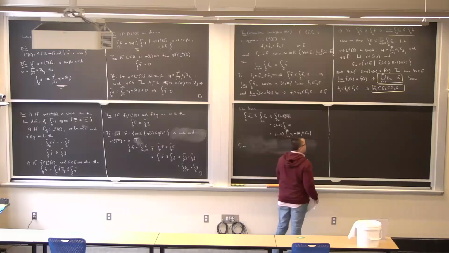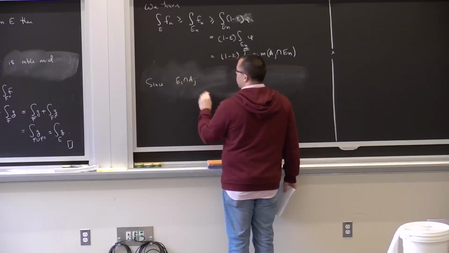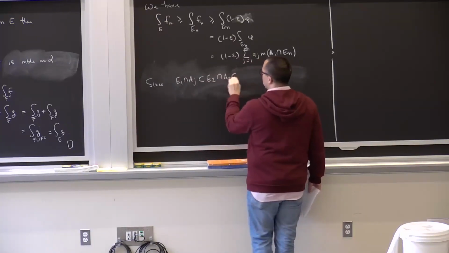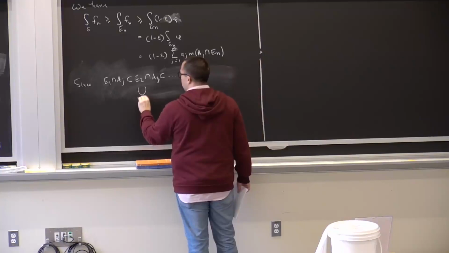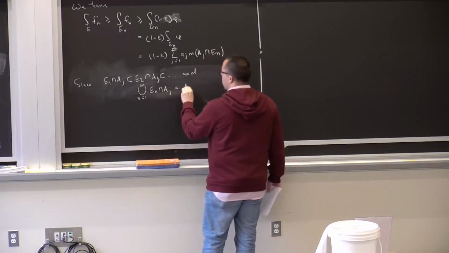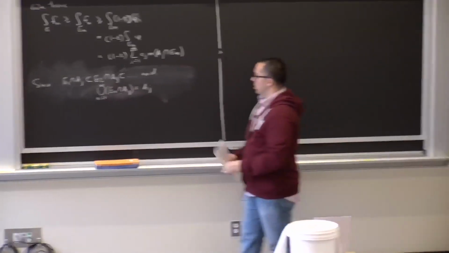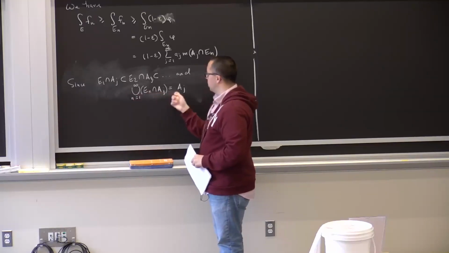Since by those two things that I highlighted, the E sub n's are increasing subsets of E, whose union gives me E, I get, since E1 intersect Aj is a subset of E2 intersect Aj, a subset of E3 intersect Aj, and so on, and the union n equals 1 to infinity of E sub n intersect Aj equals Aj, because this is just going to be equal to the union of the E sub n's intersect Aj. That just gives me E intersect Aj, which is just Aj.